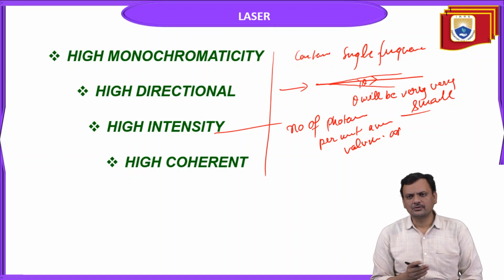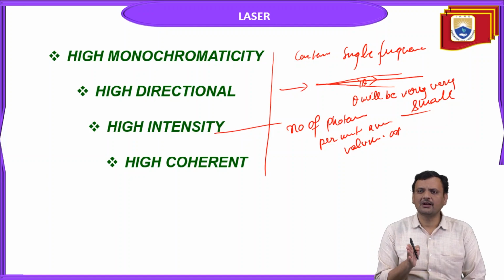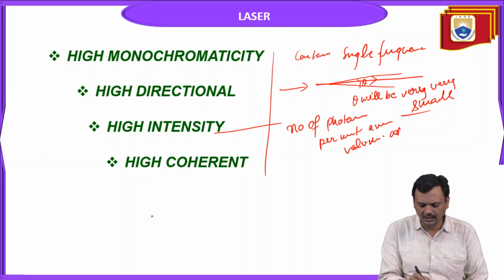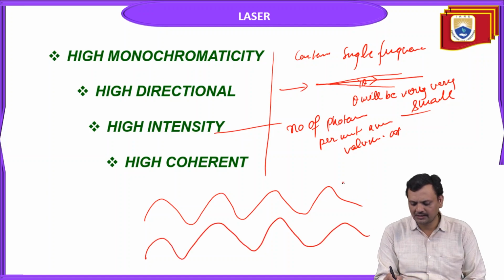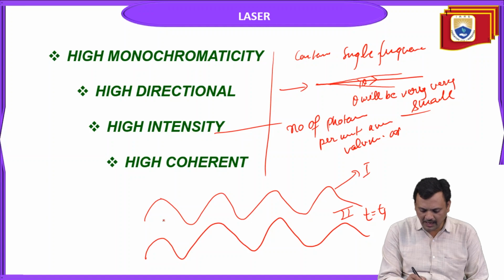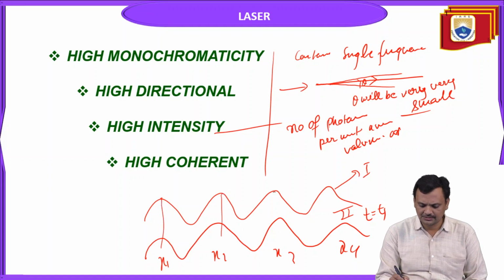Highly coherent. Let me specify coherent. What is the meaning of coherent? The literal meaning of coherent is consistent, and that consistency is measured in terms of phase. Suppose any two lights or any two waves are propagating in a medium. This is the first wave, this is the second wave, and at a particular time t1, both waves at each and every point x1, x2, x3, x4 have the same phase.